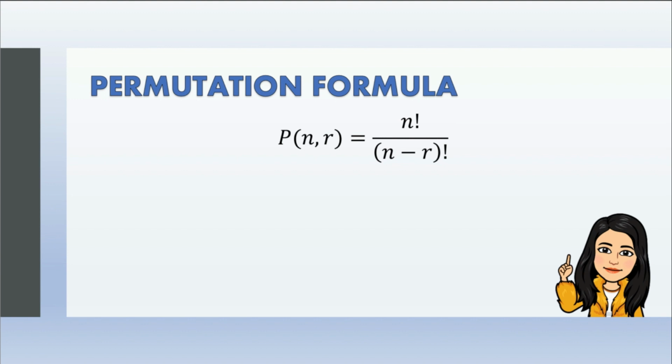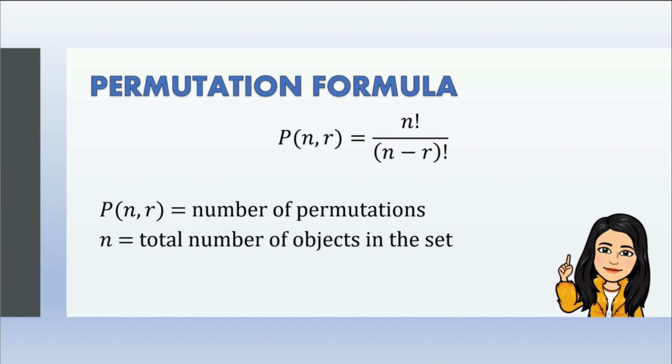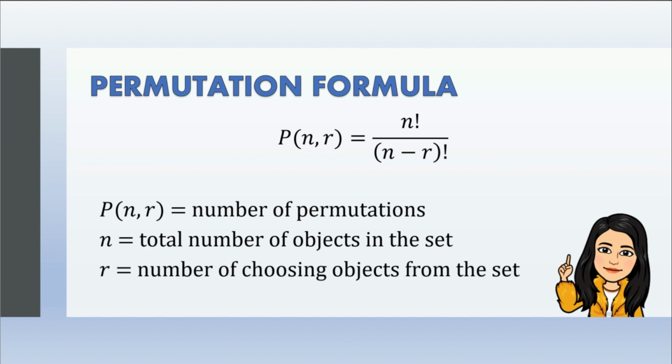The permutation of n objects taken r at a time is equal to n factorial over the quantity n minus r factorial, wherein r is less than or equal to the value of n, and P of n and r is the number of permutations, while n is the number of objects in the set, and r is the number of chosen objects from the set.